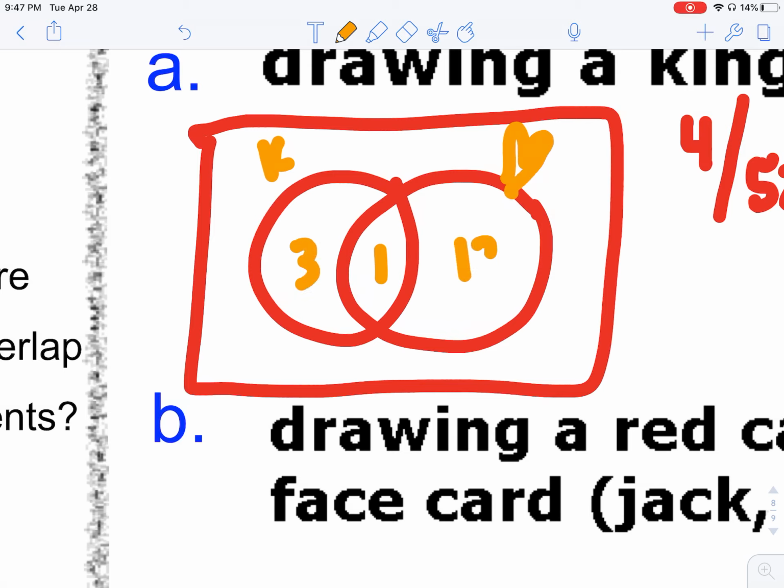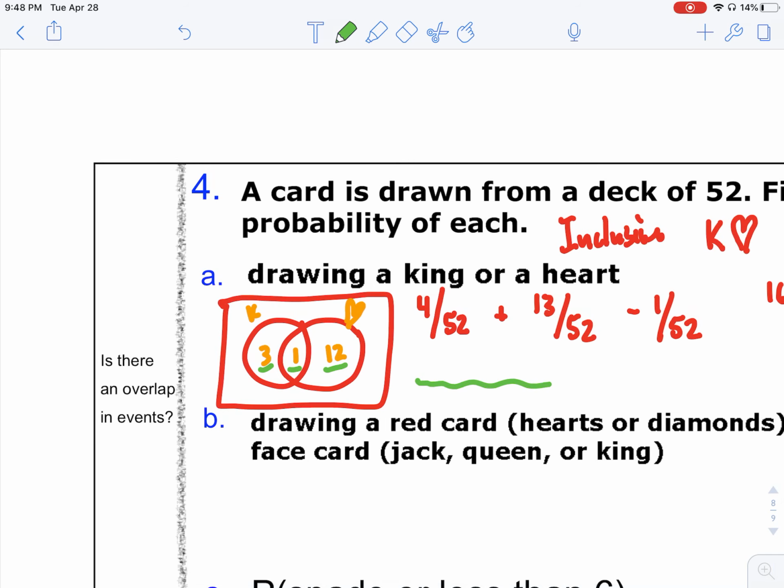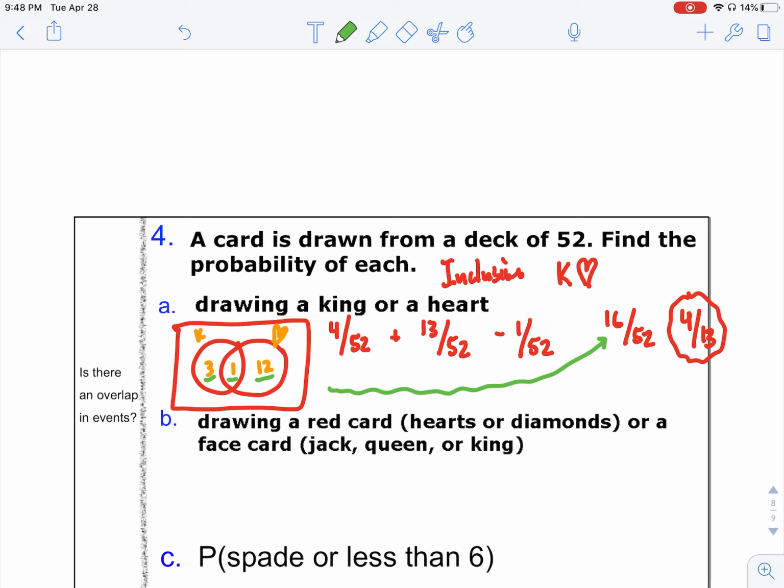And there's 12 hearts that are not kings. So if you add all those together, you get 3 plus 1 plus 12, a total of 16. So you either draw the picture and then you can just add them all together, or if you don't draw the picture, you got to be careful not to forget to subtract the overlap.